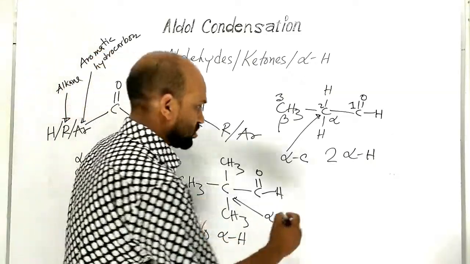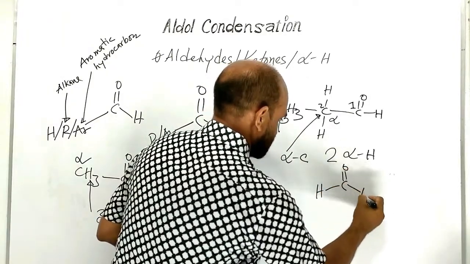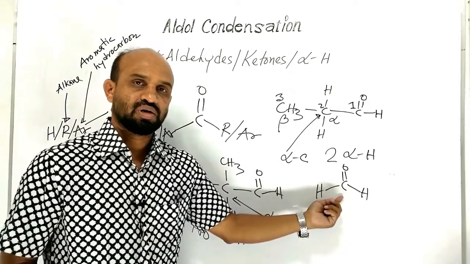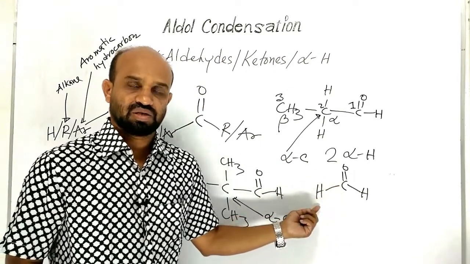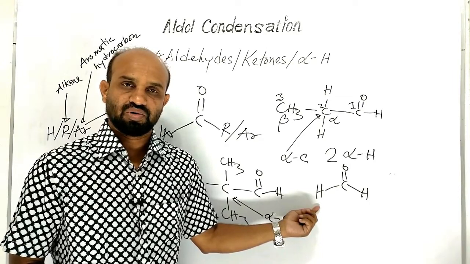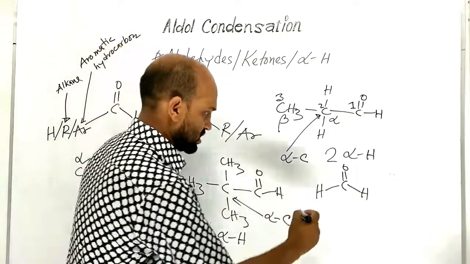Let's see another compound, formaldehyde. This is functional group carbon. Here no adjacent carbon. So in this compound no alpha carbon, so no alpha hydrogen. Let's see another compound.